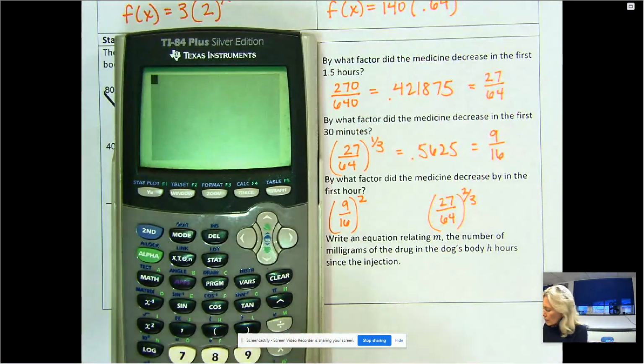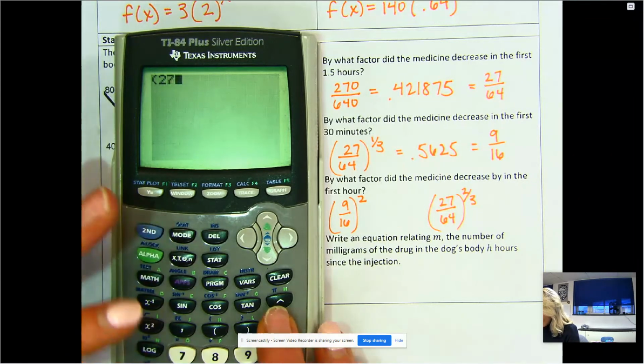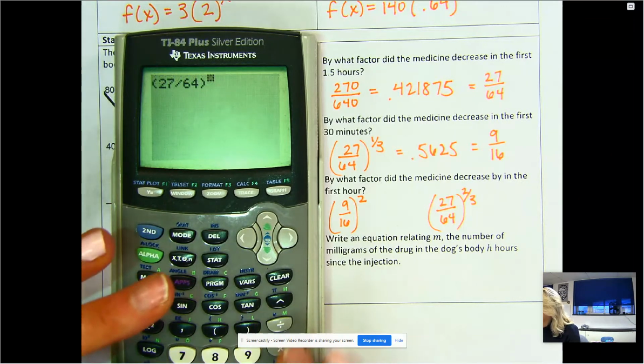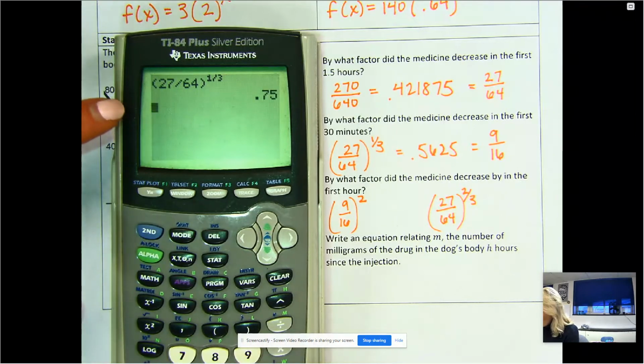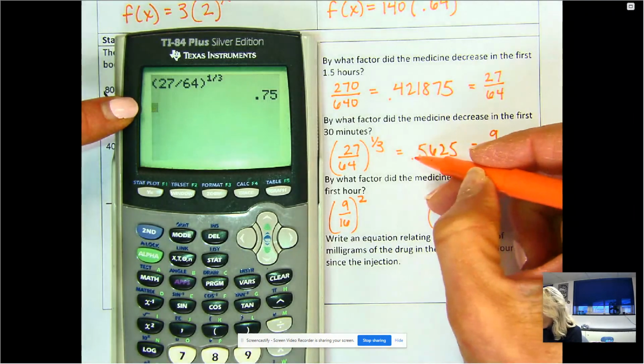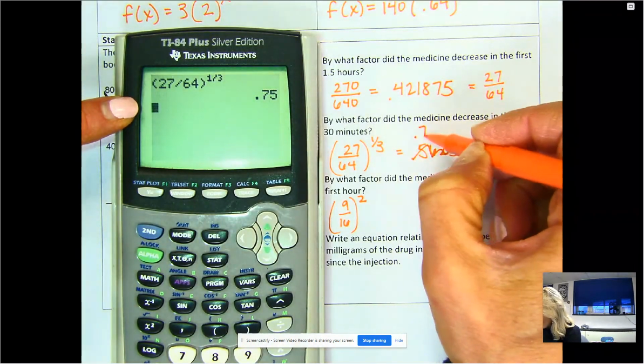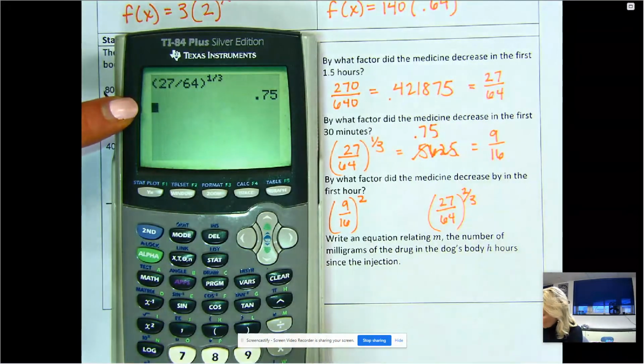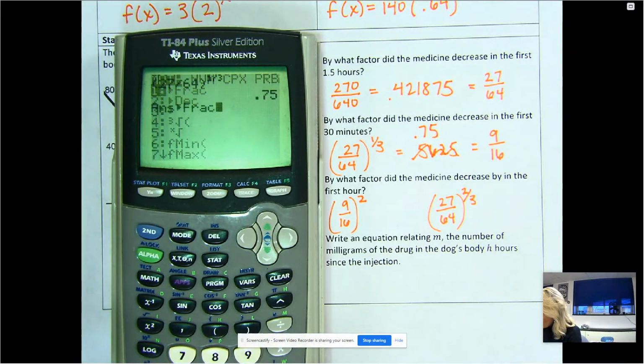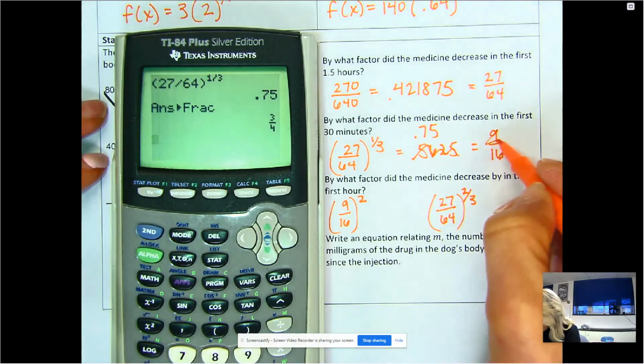So I'll just do it again. I don't want to redo the entire video. 27/64 to the 1/3 is 0.75. And then that as a fraction is 3/4.